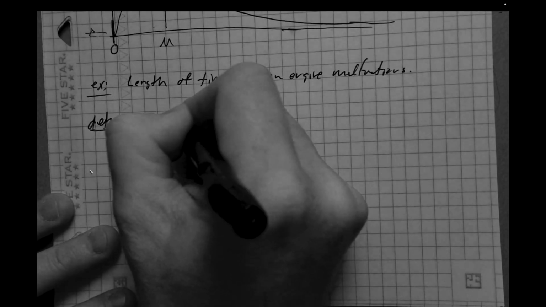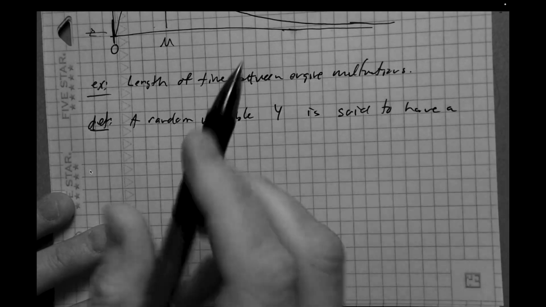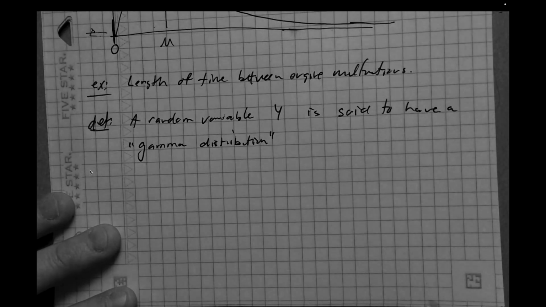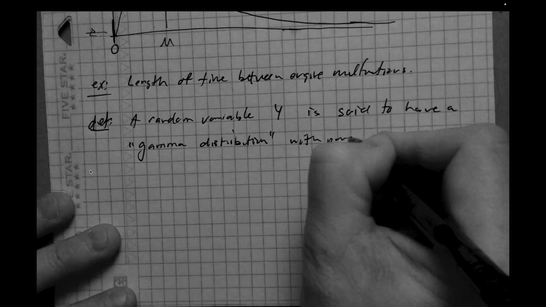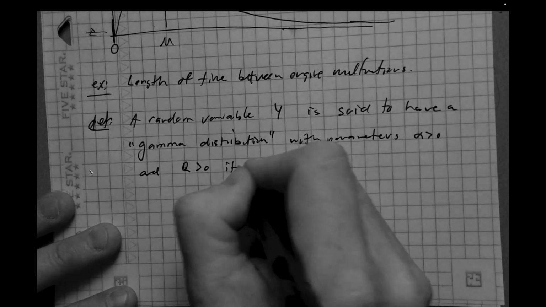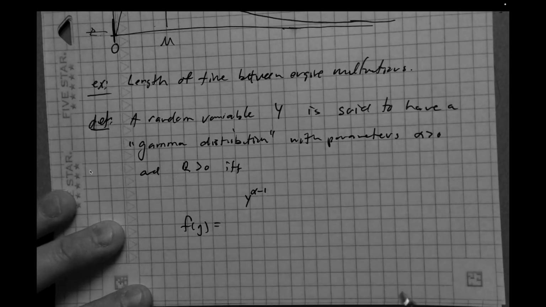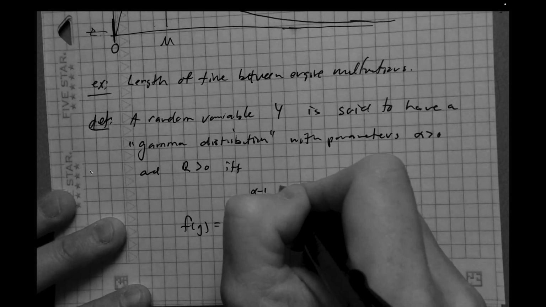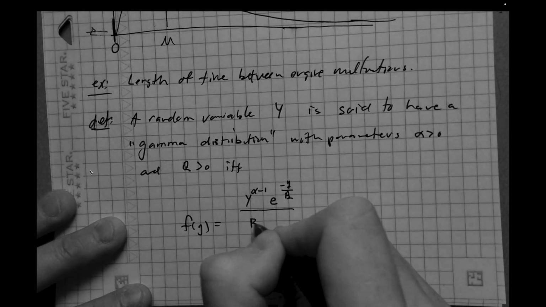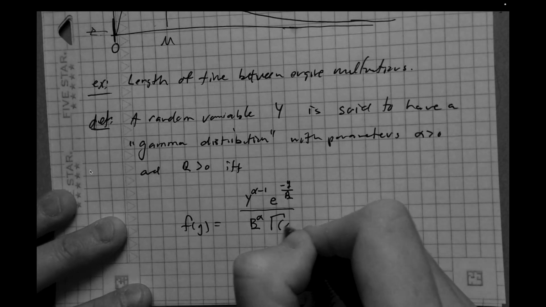So a random variable, Y, is said to have a gamma distribution with parameters alpha greater than 0 and beta greater than 0 if and only if the density function is equal to y raised to the alpha minus 1 power times e to the negative y over beta power, all divided by beta to the alpha times, and this is a gamma symbol, evaluated at alpha.